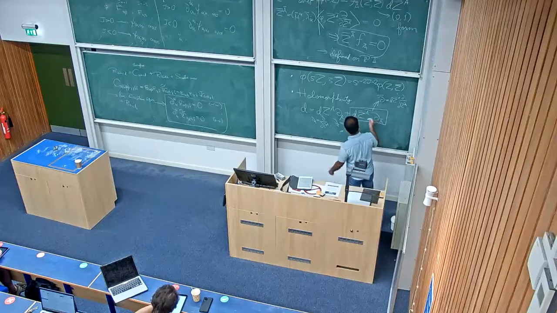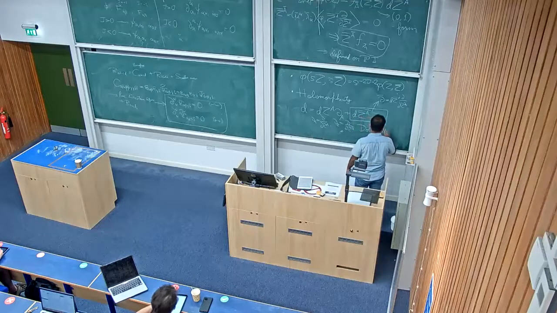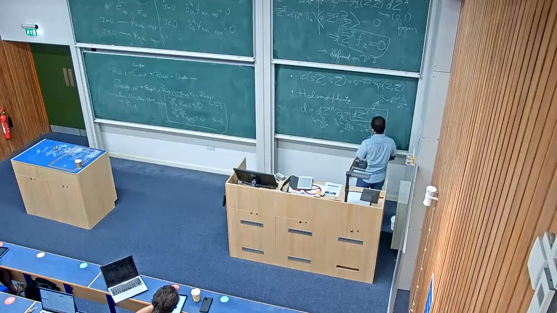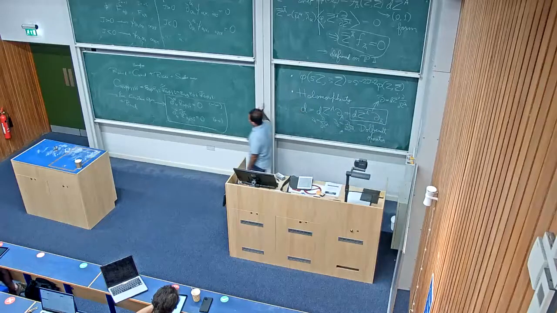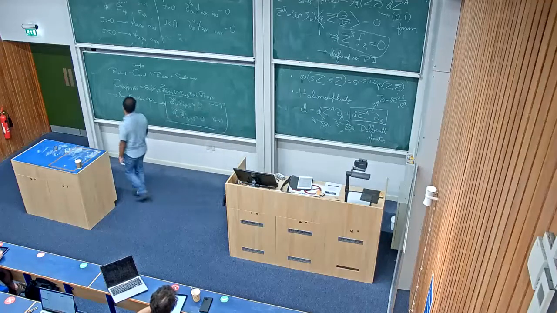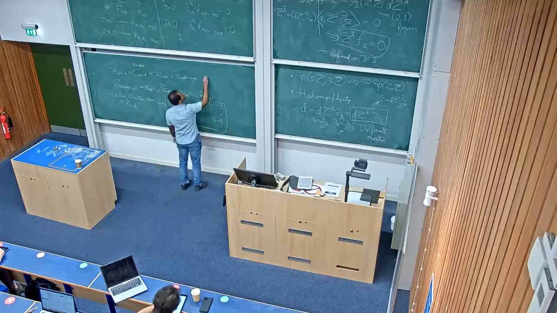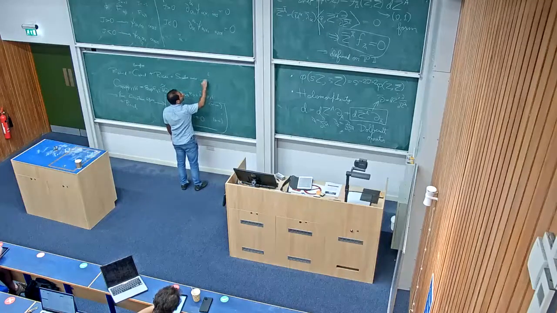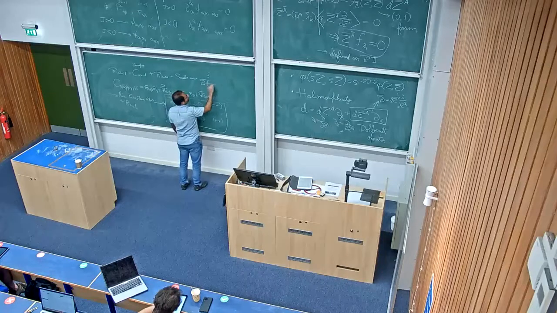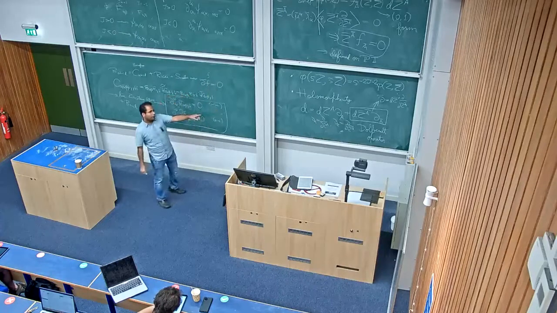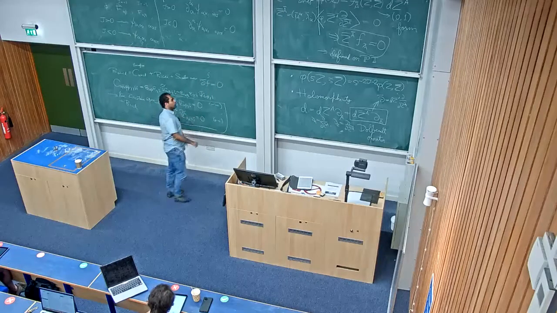It also goes by the name of a Dolbeault operator in complex analysis. The idea is that first we check how this acts on functions. Does it give us the correct holomorphicity condition on functions? And indeed it does. Suppose we impose d bar f equals 0. It's called d bar or del bar, whichever you prefer.